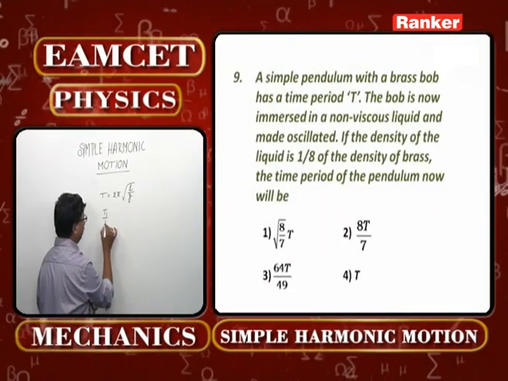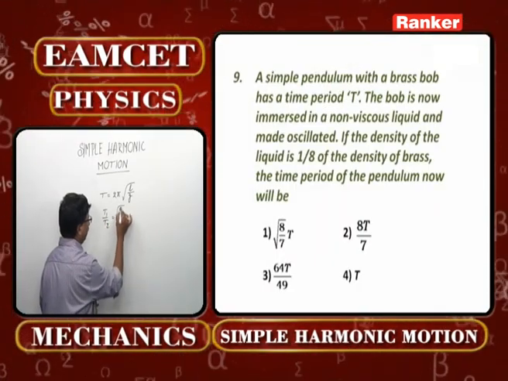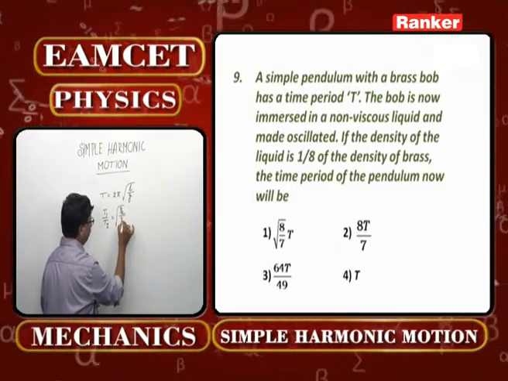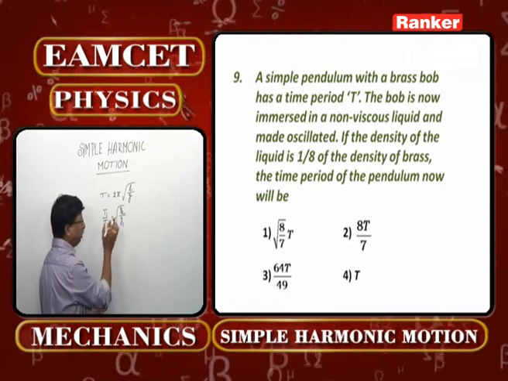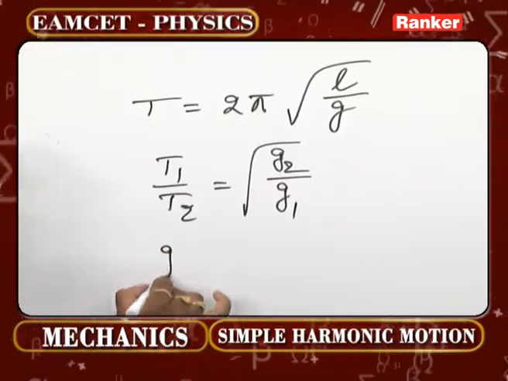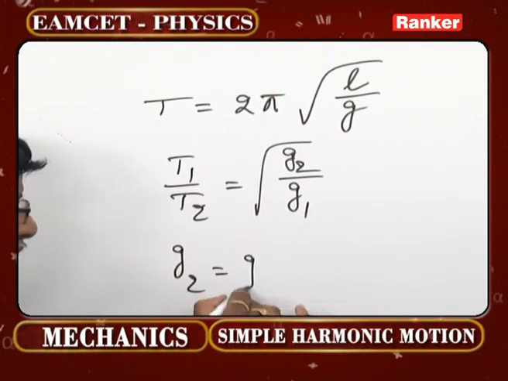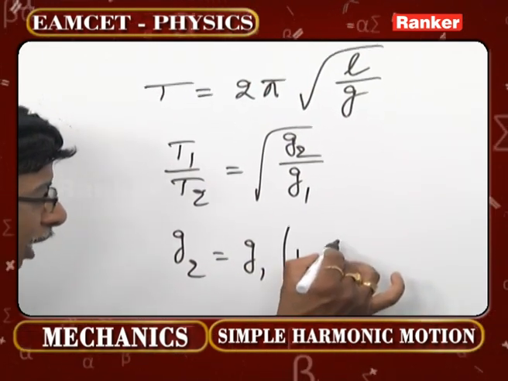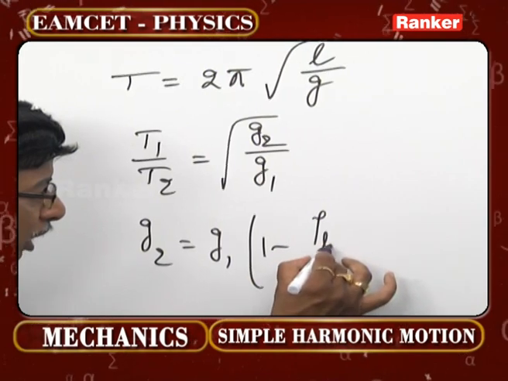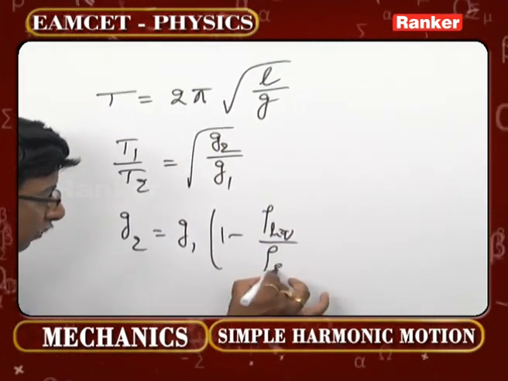So T1 by T2 can be rewritten as root of g2 by g1. That is the concept, a different model question here. What is this g2 now? It is g1 into 1 minus density of the liquid by density of the solid.